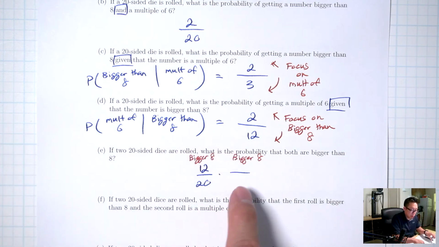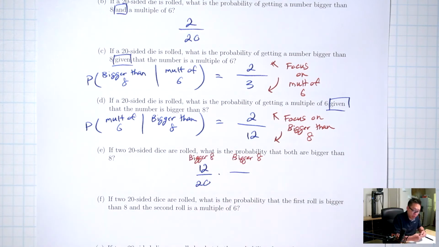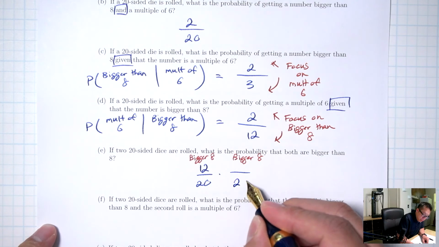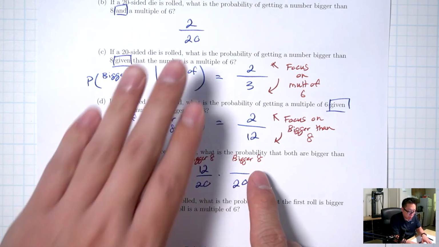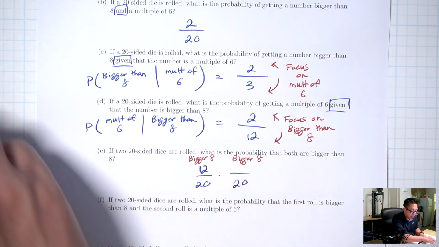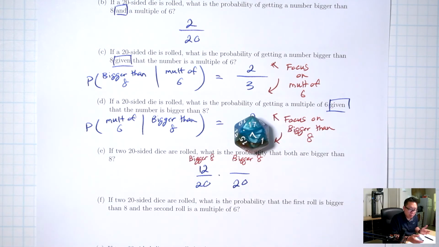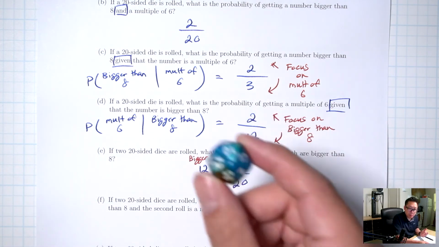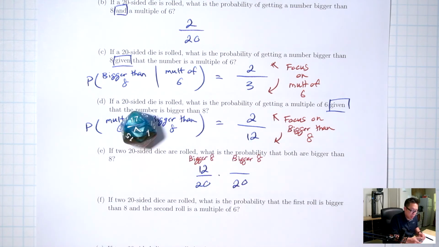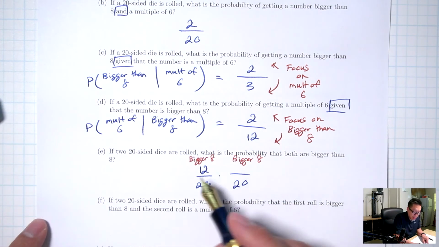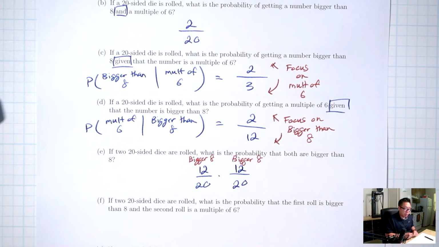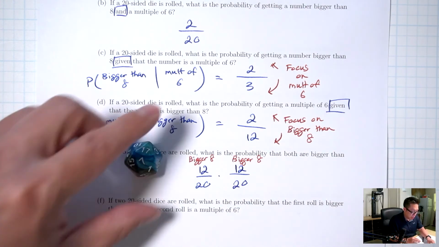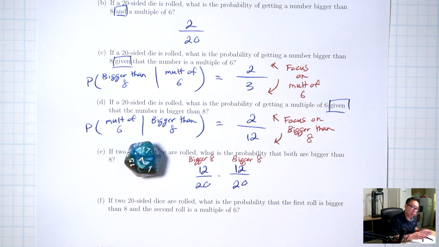So for the second dice, I should have the full 20. And for the top, bigger than 8, no matter what I picked for the first slot, when I roll a dice, it just resets itself, and you have the full count for the second slot. So for the second slot, bigger than 8, I should still have the full 12. And that's the key difference between dice and the table example where we're picking people.